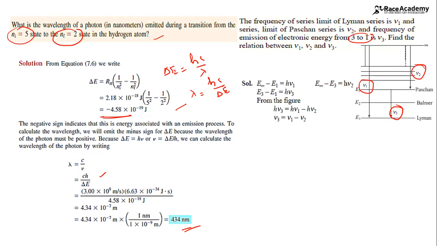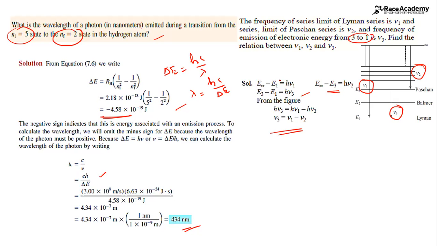So E infinity minus E1 is h nu 1. Second, E infinity minus E3 is h nu 2. The difference is taken as h nu 3, and from this figure you can write h nu 3 is equal to h nu 1 minus h nu 2.